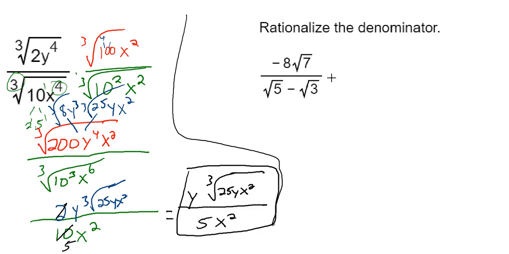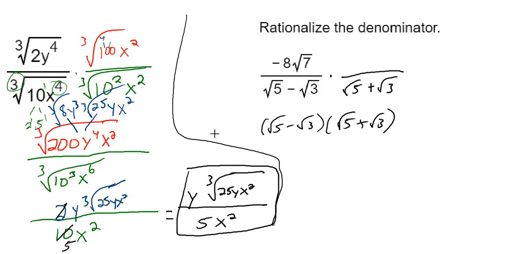All right, so for here, what you had to do is multiply by the conjugate, right? Which is square root of 5 plus the square root of 3. You're going to FOIL these together, right? So it would be square root of 5 minus square root of 3 times the square root of 5 plus the square root of 3. You'll do FOIL here. So square root of 5 times the square root of 5 is going to be 5. Square root of 5 times the square root of 3 will be positive square root of 15.